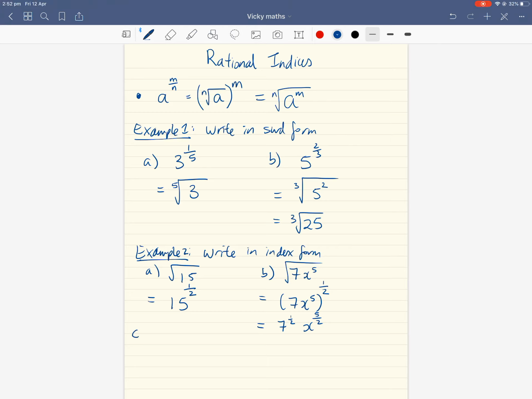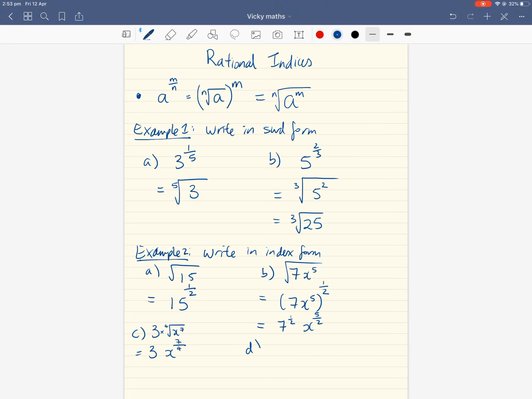Let's do another one. C, 3 lots of the 4th root of x to the 7. The 3 here is not inside the root, so we can leave the coefficient of 3 alone. x has a power of 7, and the 4th root means it's divided by 4, so it's x to the 7/4.